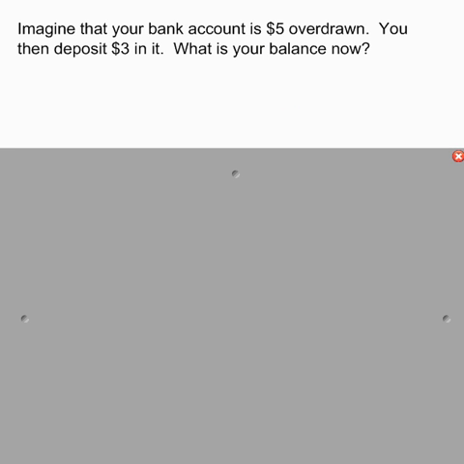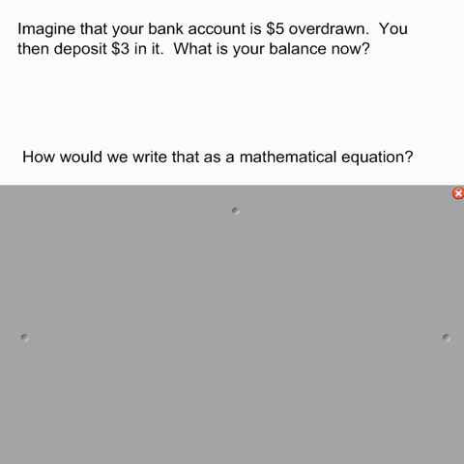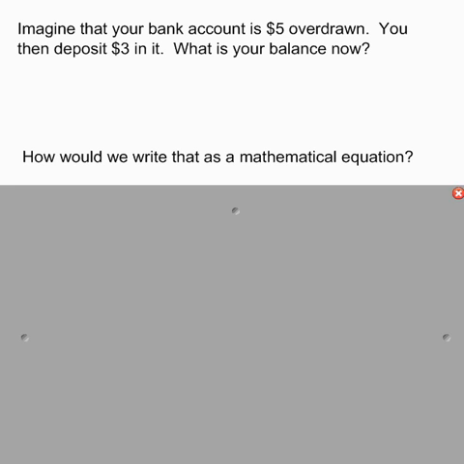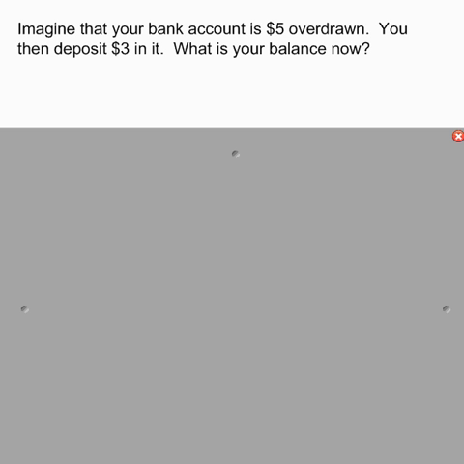Okay, so now think about an example of a negative number problem. Imagine that your bank account is $5 overdrawn, and you deposit $3 in it. What's your balance now? I started out $5 overdrawn, so I'm at -5.